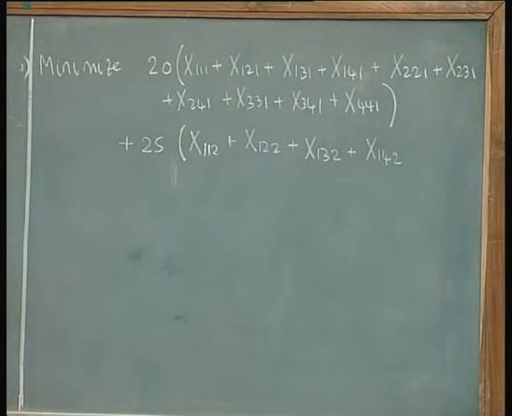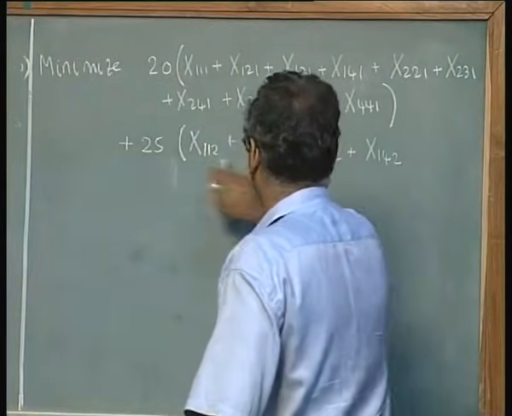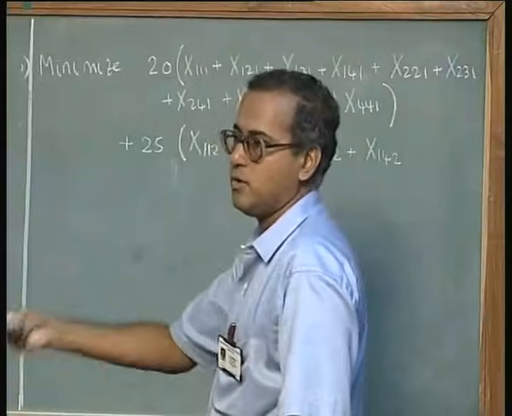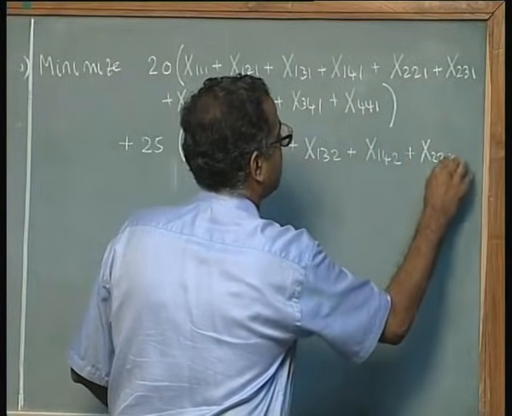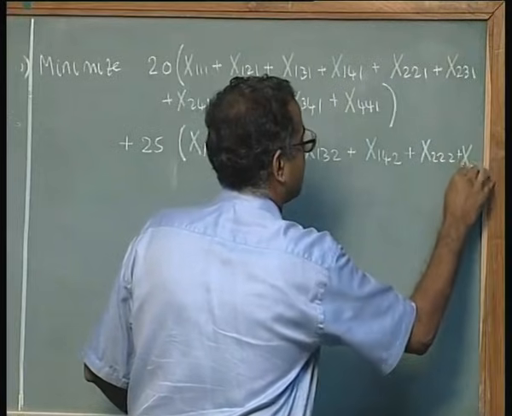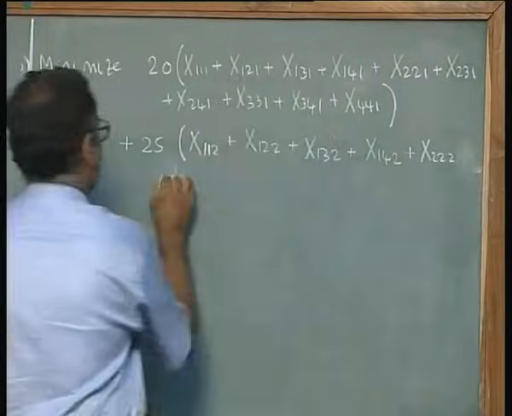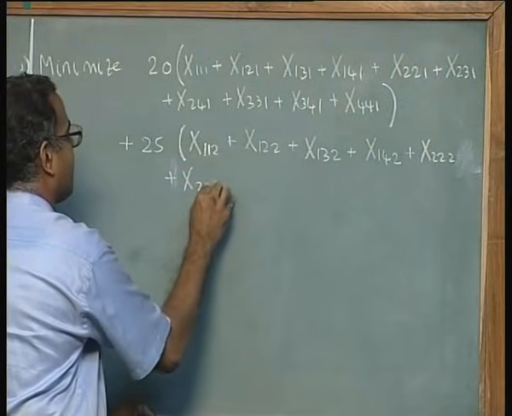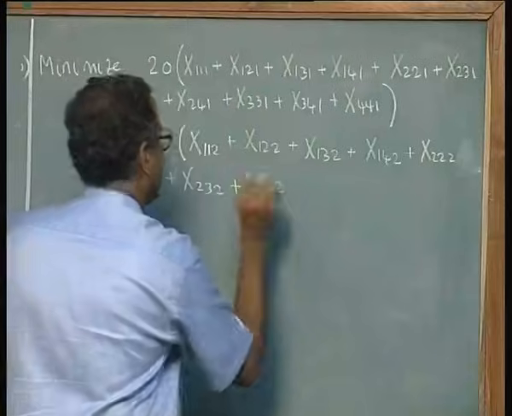These 4 terms represent overtime production to meet the demands of months 1, 2, 3 and 4. k equal to 2 implies overtime. Now, for the second month I will have x222 plus x232 plus x242.